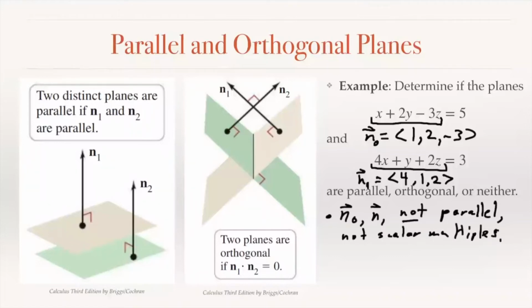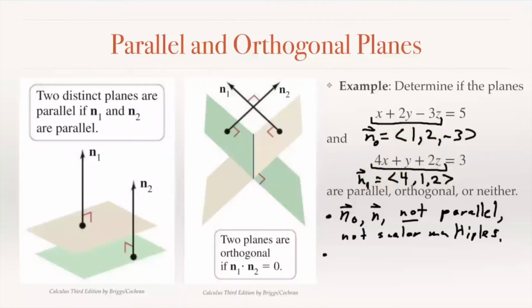A way to quickly see that is that the only way n1 can be c times n naught is if we multiply n naught and get n1. So that would mean that our scalar would have to be 4 in this case, because 4 times 1 is 4, only way to scale this first vector and get the second, but 4 times 2 is not 1. So the only possible choice of our scalar is 4, and that doesn't work.